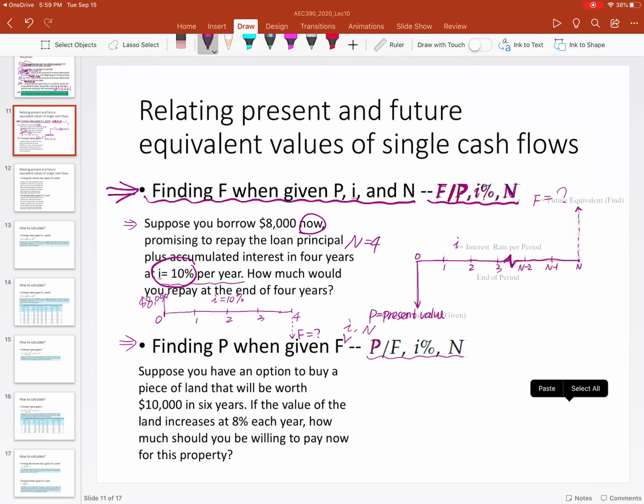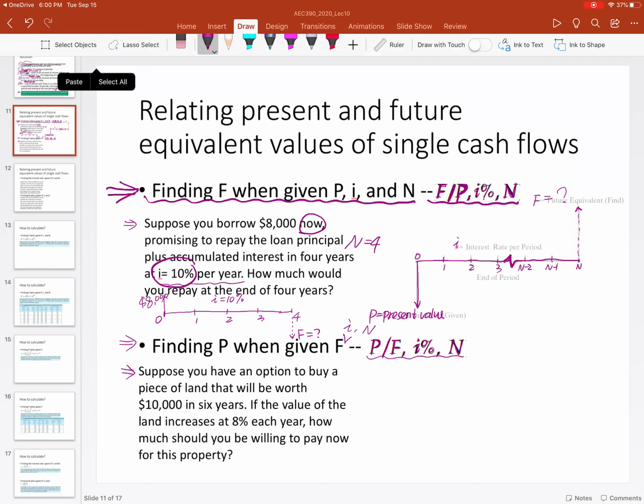Because you want to find out P, you write the letter P at the beginning of this term, and then the slash is the given. The F is the given condition. So when the future value is given, the interest rate is given, and the number of periods is given. That's how you simplify this scenario.